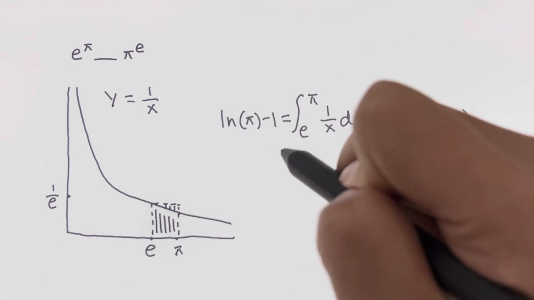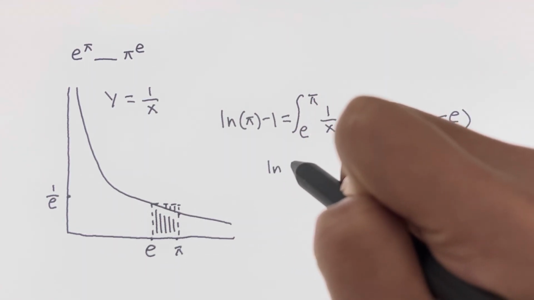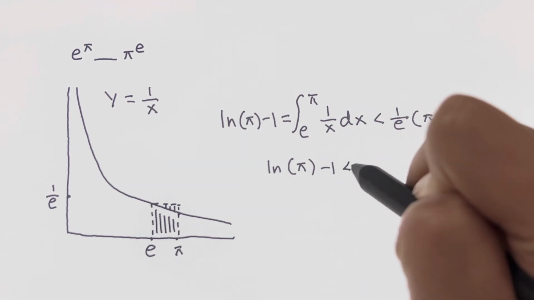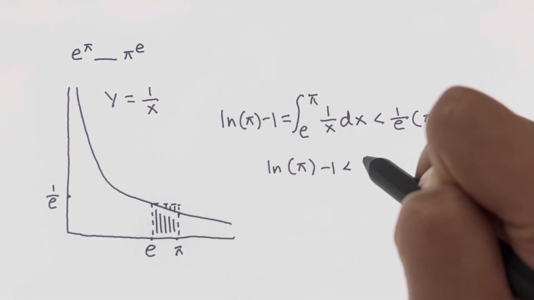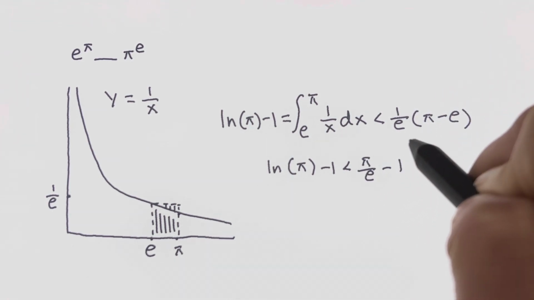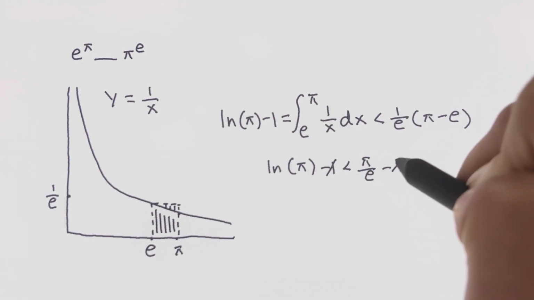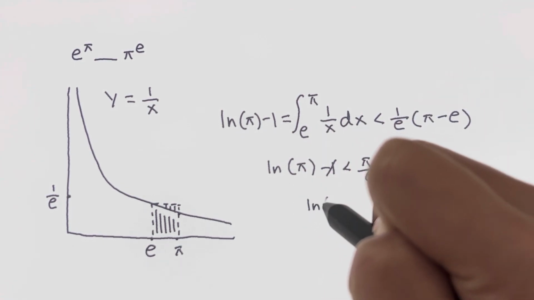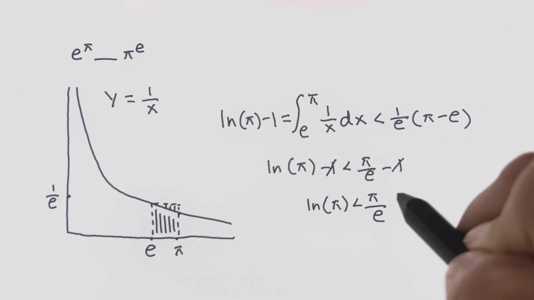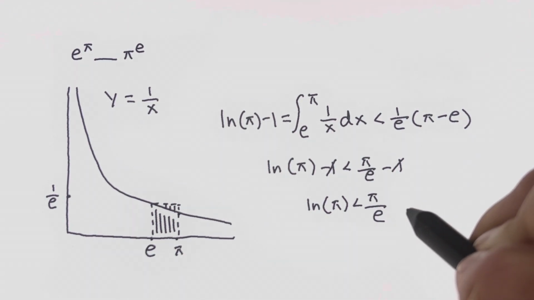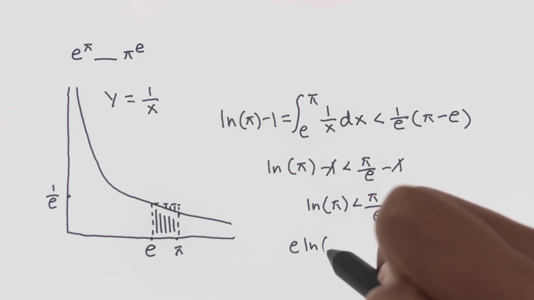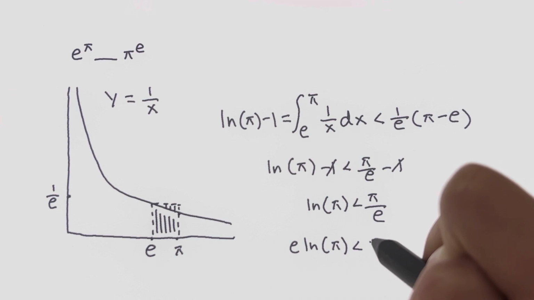So we'll have ln of pi minus 1 is going to be less than pi over e minus 1. So minus 1 cancels out. You'll have ln of pi less than pi over e. We can remove the denominator by multiplying both sides by e. So we have e times ln pi is less than pi.